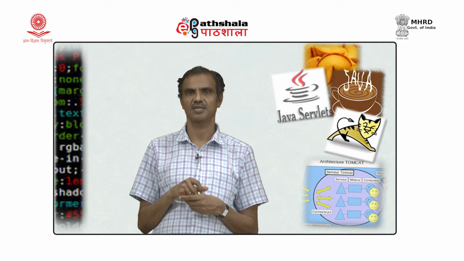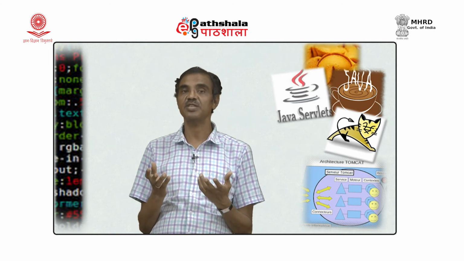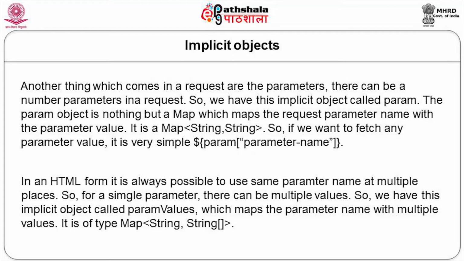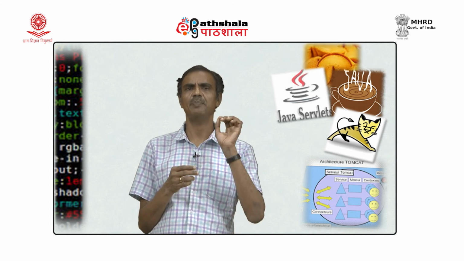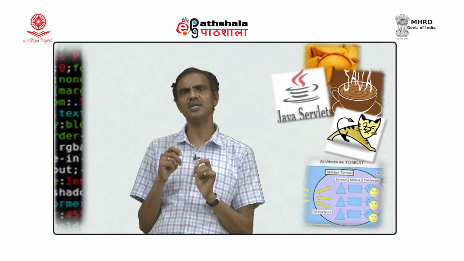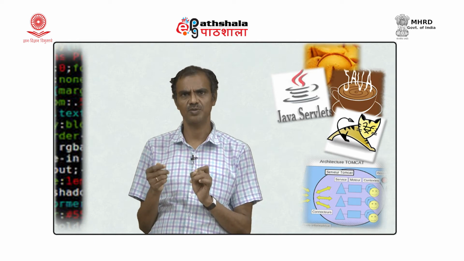Okay. So, header values is one, and then of course, now let us talk of the other things which come in a request. Your request may be containing a parameter, there are a lot of parameters which come. So, we have this called param. So, param is nothing but a map which is a mapping of a parameter name with the corresponding parameter value, fine.